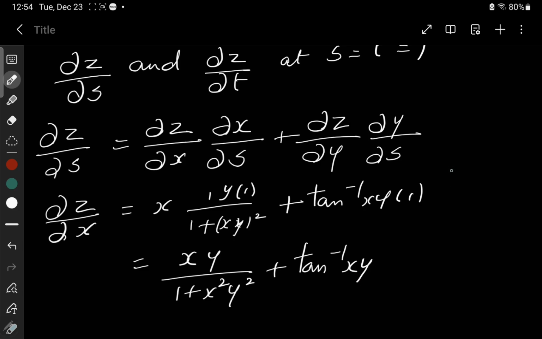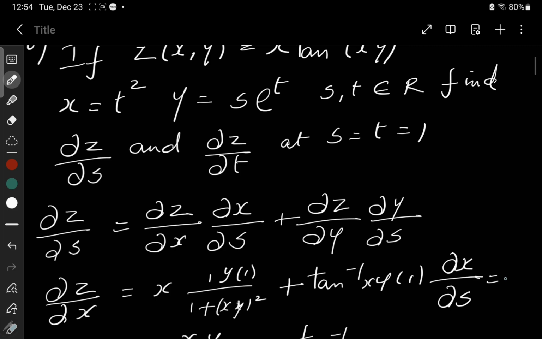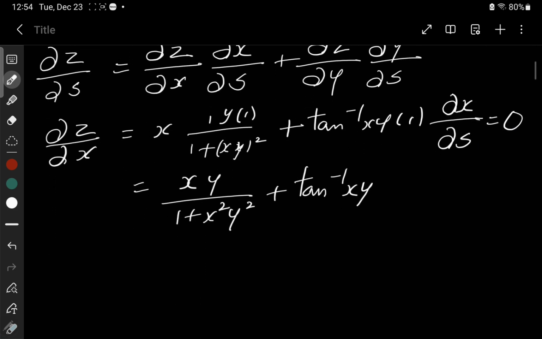So what is dou x by dou s? Because x is just t square, we cannot differentiate with respect to s, so the answer is 0. Next, you can write dou z by dou x in terms of s and t.